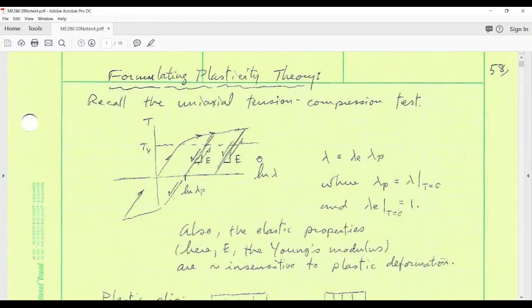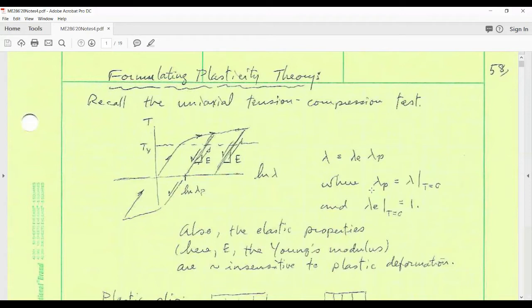Remember that we had the logarithmic strain, natural log lambda, is the sum of an elastic logarithmic strain, natural log lambda sub E, plus natural log lambda sub P, where lambda E and lambda P were the stretches. So the stretches combine in this manner to produce the overall stretch of the uniaxial bar. And we interpret lambda P as the actual stretch that exists in the absence of stress or load, right?